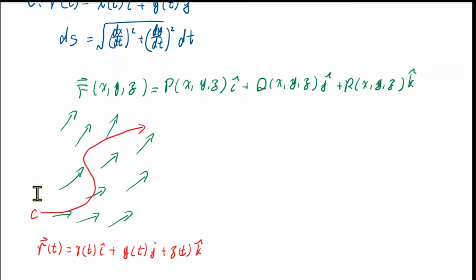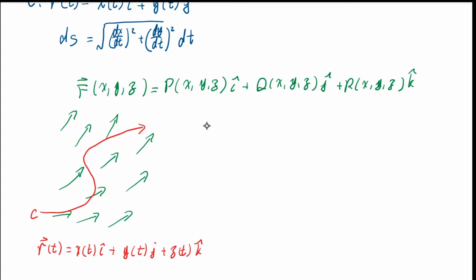Now, what is the work done on your spaceship by the solar wind? You're basically using this vector field to sail in that path in 3D or 2D, whatever the dimension. Okay, we'll do it.